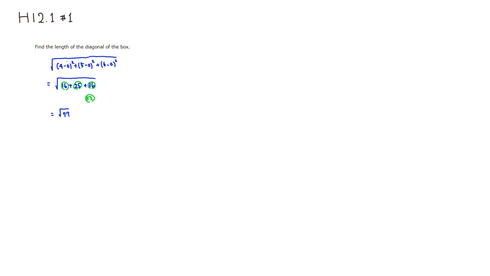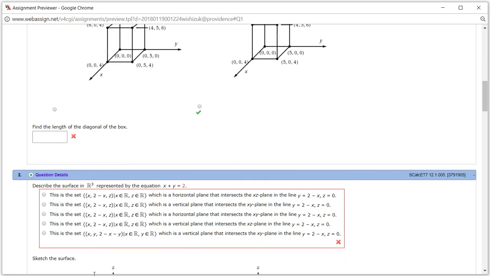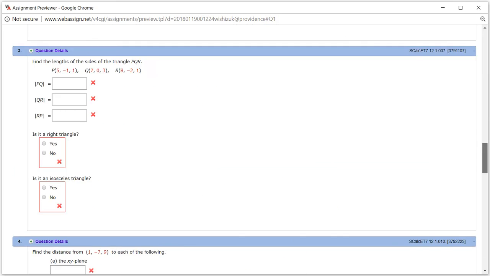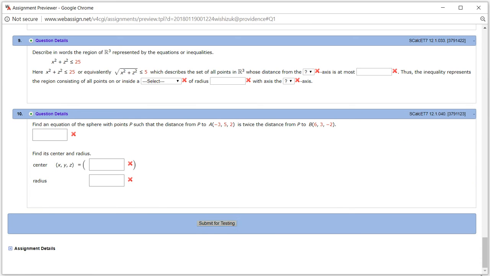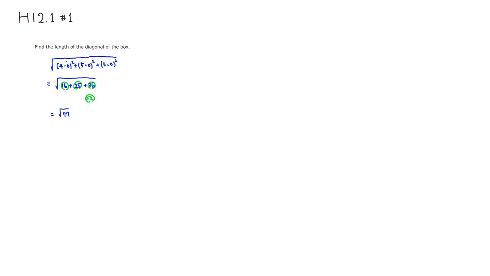Let's type it in. All right, so we get the square root of 77. Let's submit for testing. All right, it came back and it looks like we got this one correctly as well. All right, that's it. I hope that this was clear.